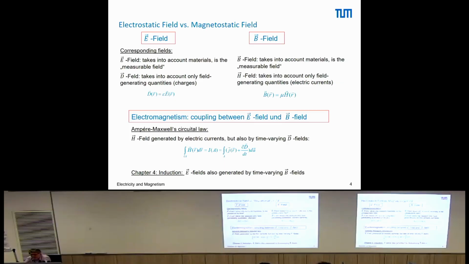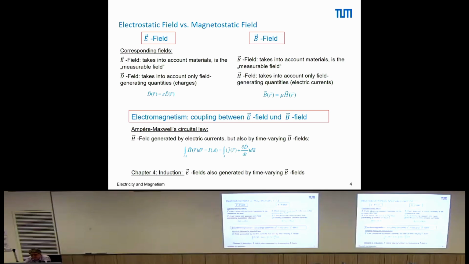If you compare then the D and H field, then the D field takes only into account the field generating quantities. That means the charges, and has gotten rid of the material properties.